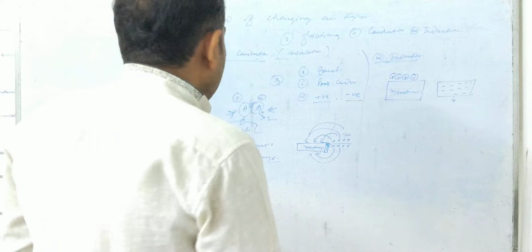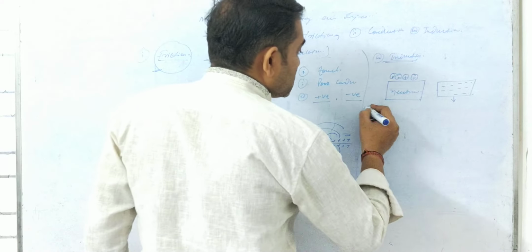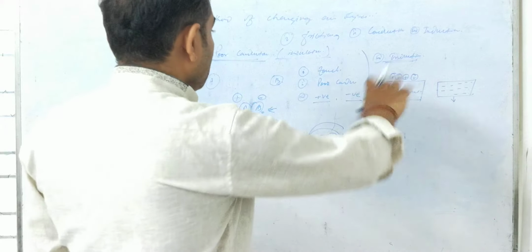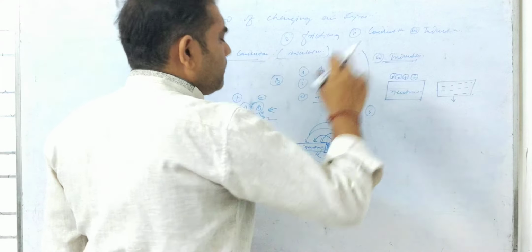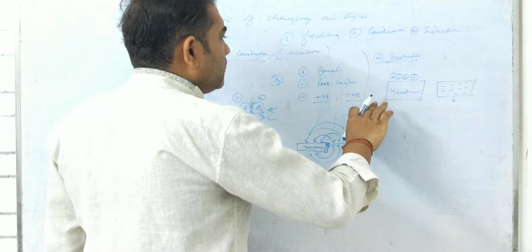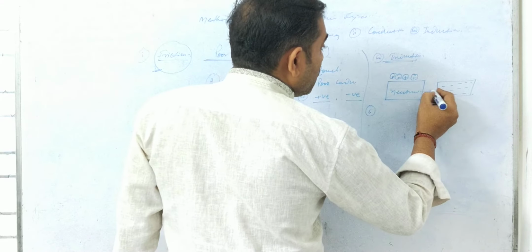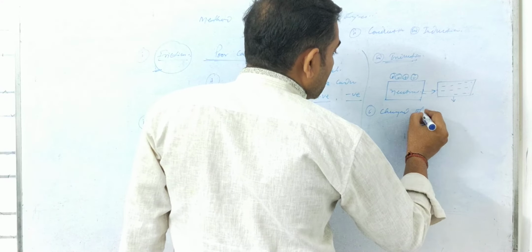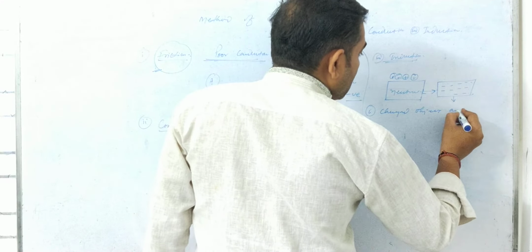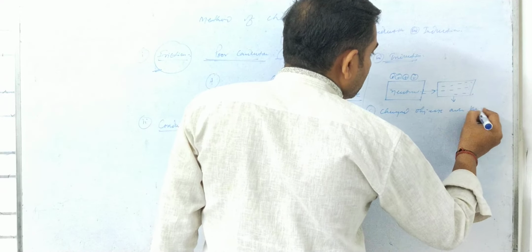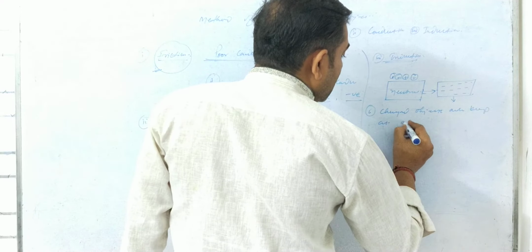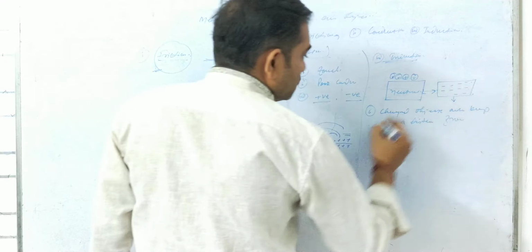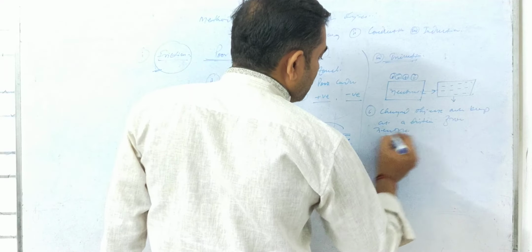Now for induction, first of all, it goes well with conductors. The second one, the neutral and charged objects are not in contact with each other. The charged object is kept at a distance from the neutral object.